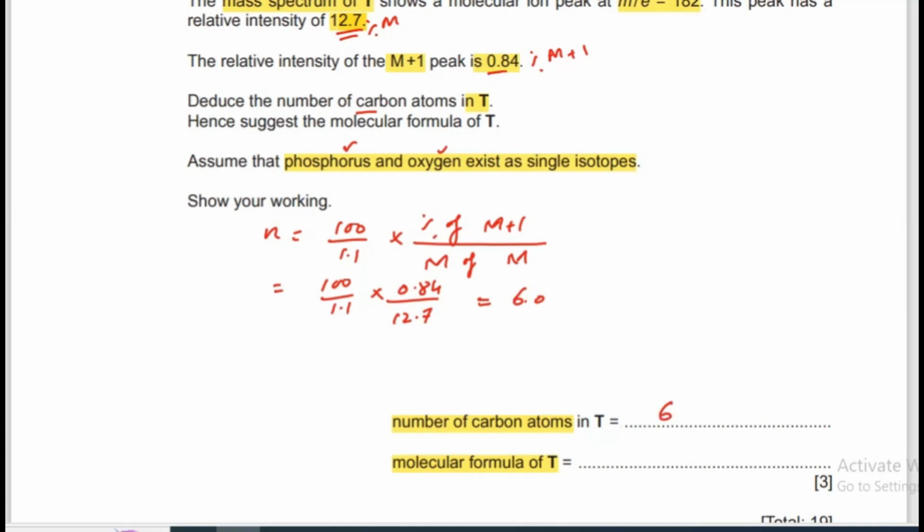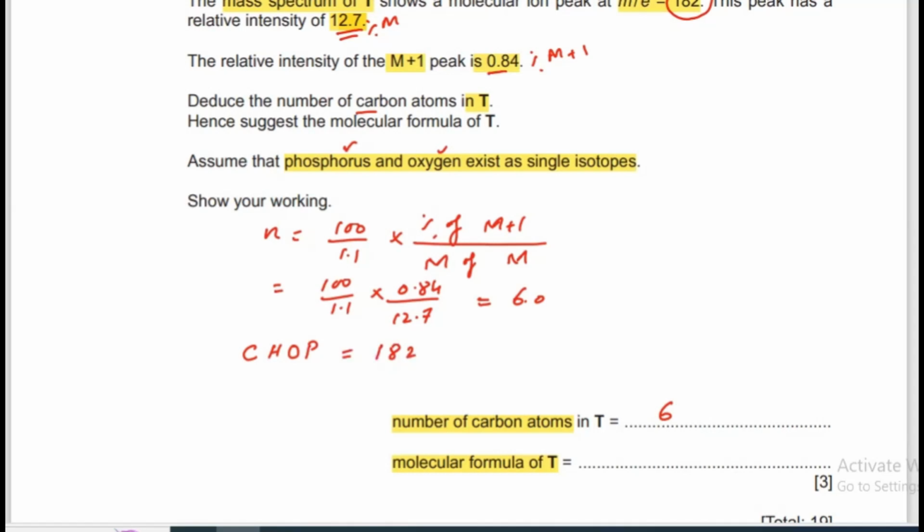As we can see, the Mr of this compound is 182. So this compound contains 6 carbon atoms, it contains hydrogen, it contains oxygen, and it contains phosphorus. That is equal to 182.